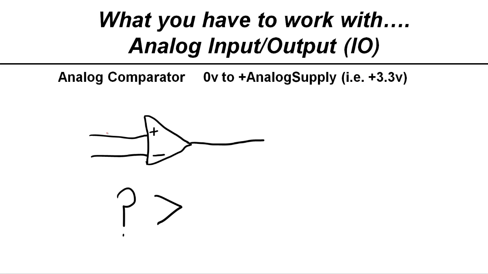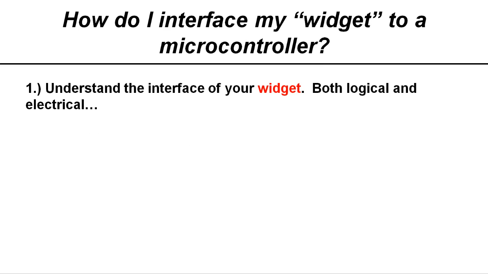But it'll work in such a way that if the plus terminal is greater than the negative terminal, the output is high. If not, it drops low. So you can use that for doing certain compare operations. Now, not all chips have this built in. Not all microcontrollers will have that as a feature, but some do. So that's useful to know.